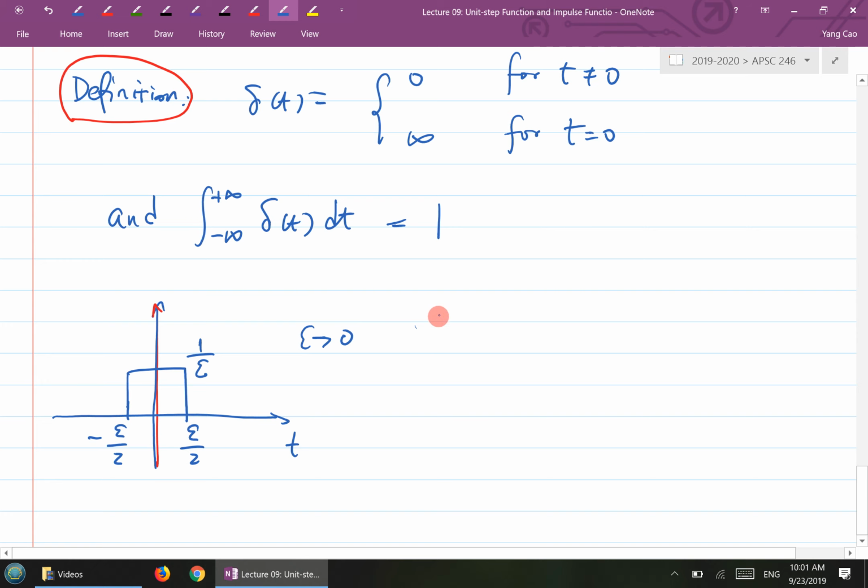If epsilon becomes a tiny bit smaller, then the bottom length of the box will become smaller, right? But the height is 1 over epsilon, so the height will become a lot higher.